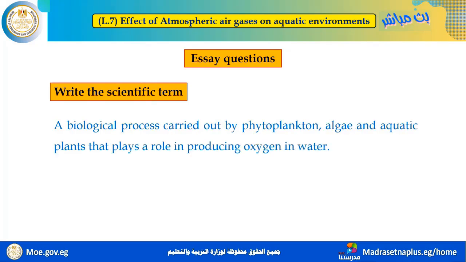Okay? A biological process carried out by phytoplankton, algae, and aquatic plants that plays a role in producing oxygen in water. Good. It is the photosynthesis process. It is a very important process for all living organisms.